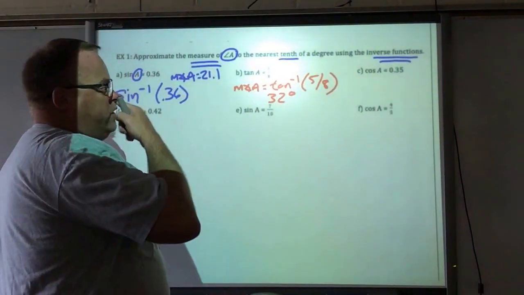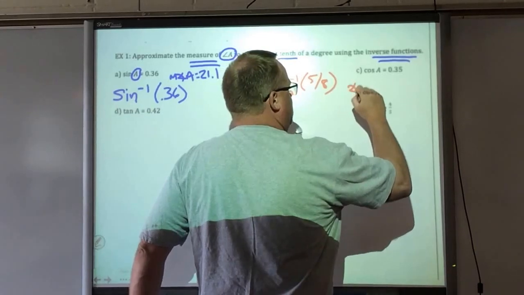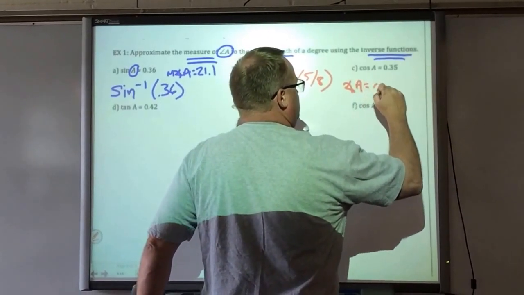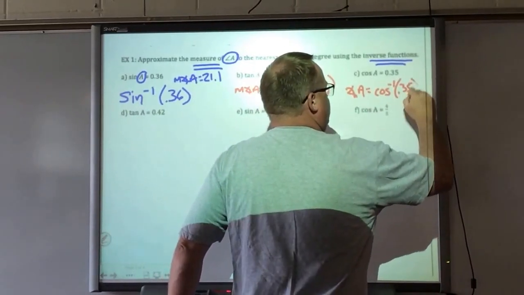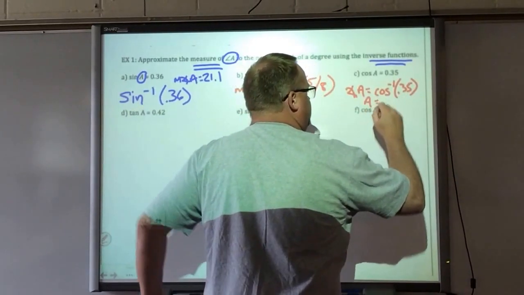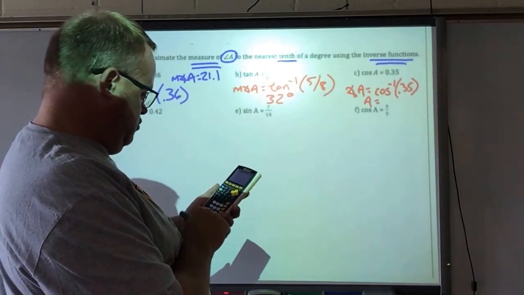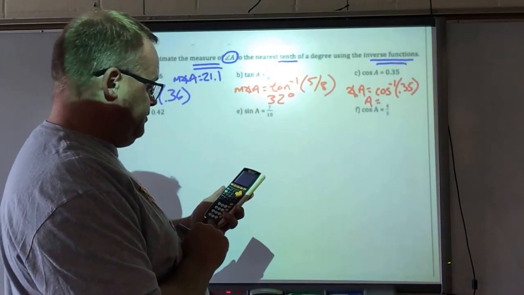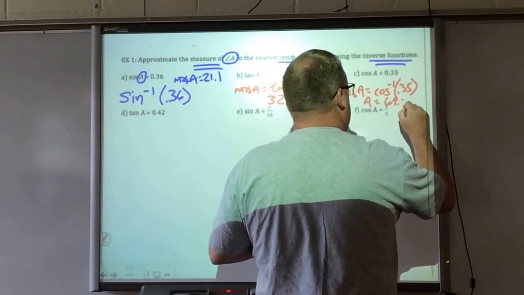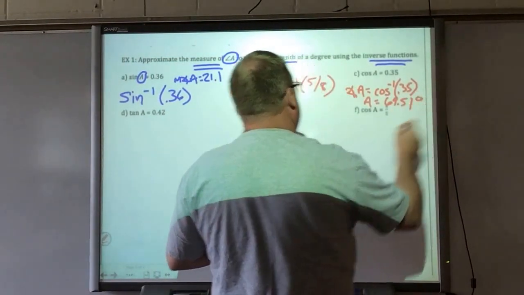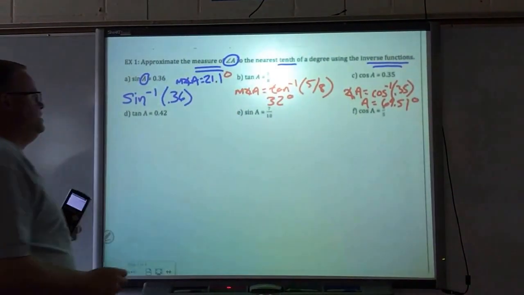Cosine of A is 0.35, so to find the measure of angle A, A is going to be equal to the inverse of cosine of 0.35. So A is going to be equal to 69.51, and that is degrees. Remember, all of these are degrees.